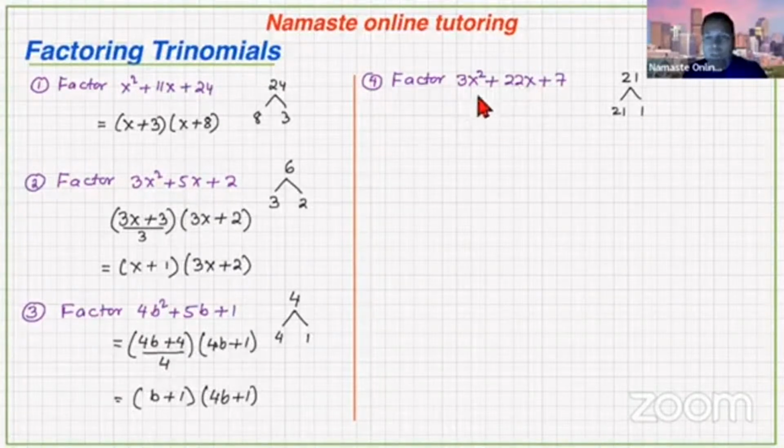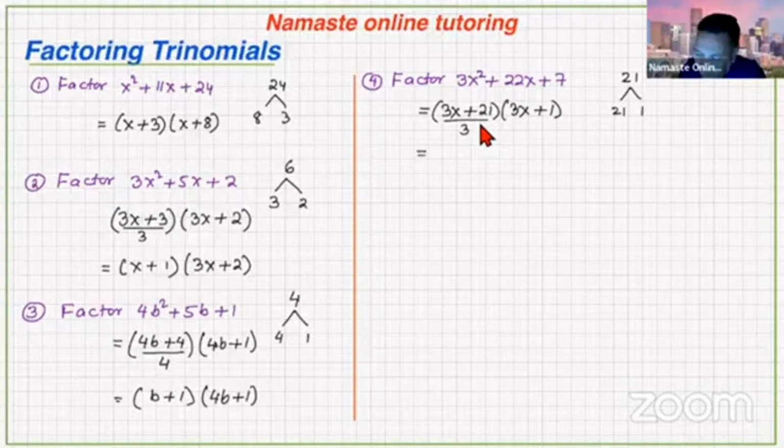Now in order to write the factors, here we have a 3x squared, so our first term will be 3x. So we write it like this: 3x plus that first number 21, and then 3x plus the second number, which is 1. In the second parenthesis we don't have anything common, but in the first one there is a common factor of 3. So we divide it by 3.